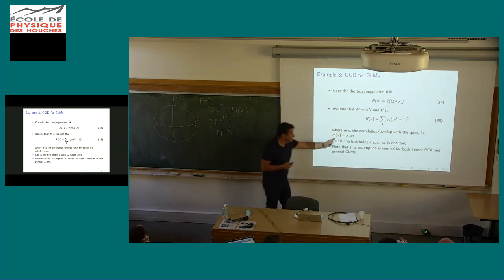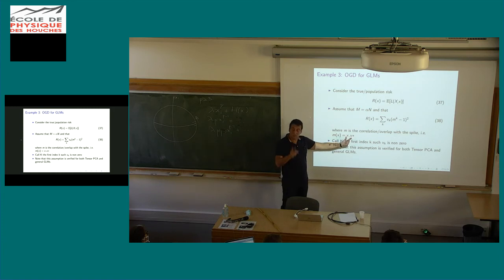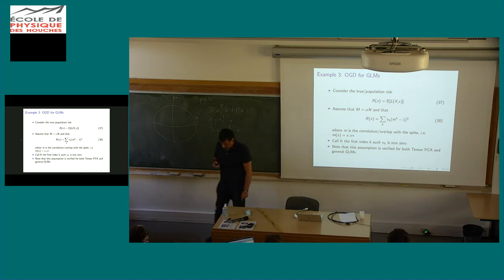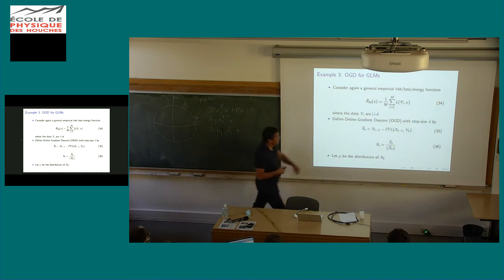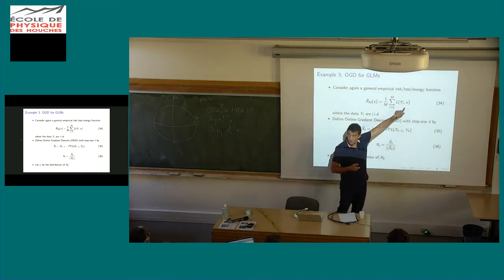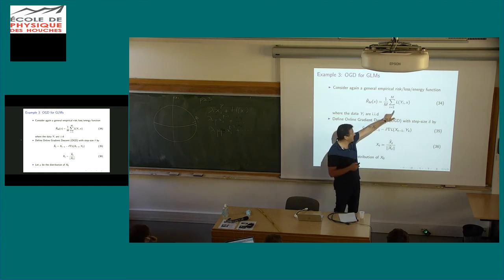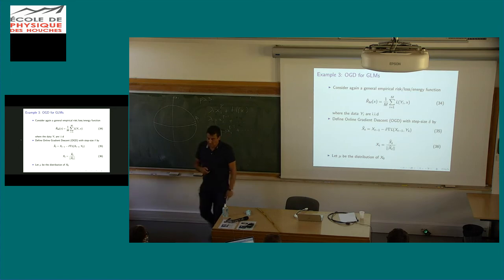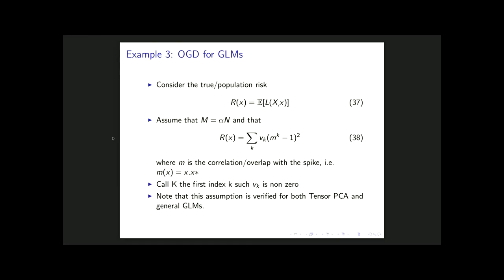And this m is the correlation, the latitude, the overlap with the spike. So you do have spikes, your input data are from features. I have a spike, and in this L, for instance, the L2 norm with the spike.